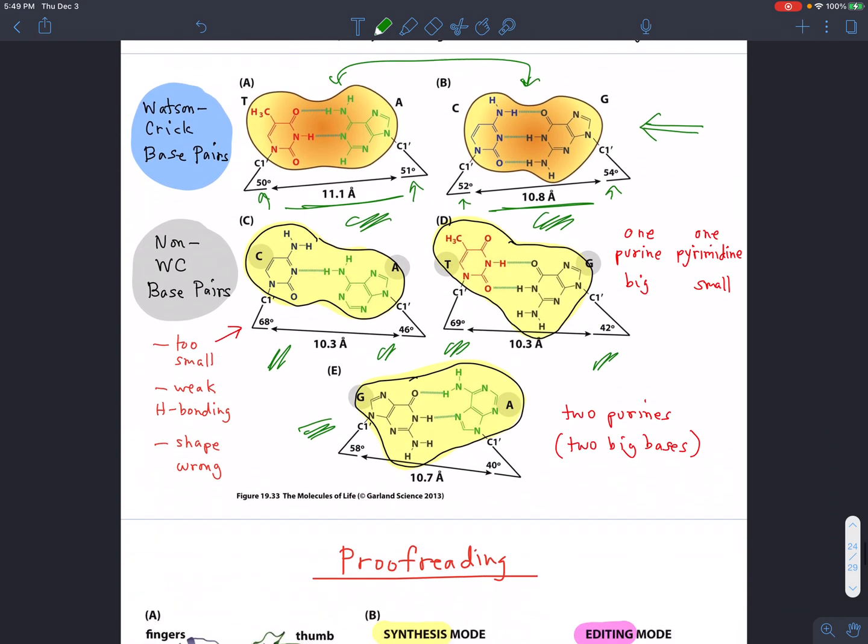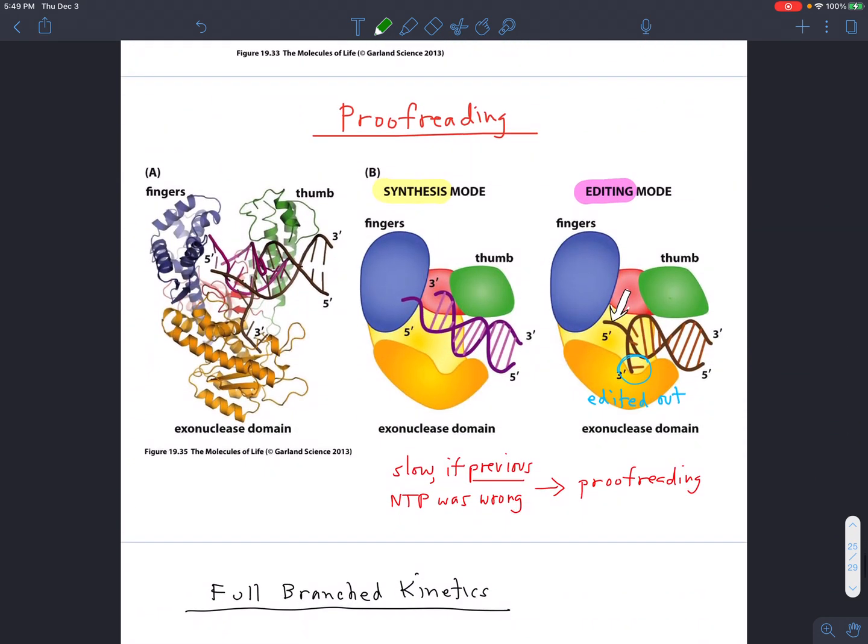All right, proofreading again means that while DNA polymerase is plowing along, putting in correct nucleotides, if it puts in a bad nucleotide and it actually gets in, so the bad nucleotide is here, the bad base pair is there, then the next nucleotide you're trying to put in is really slow, which gives lots of time for the DNA to shift over to this exonuclease site, and that exonuclease site will cut out the bad nucleotide.